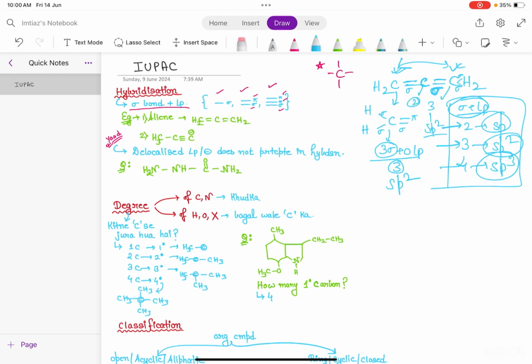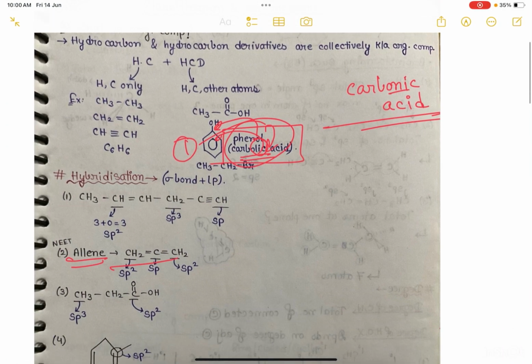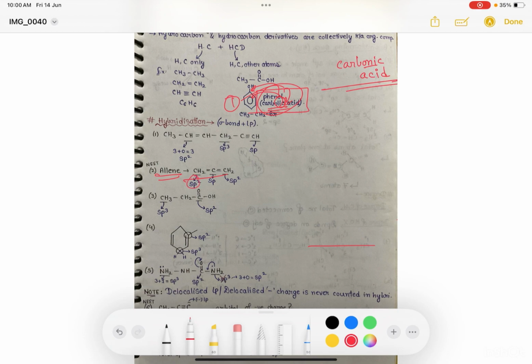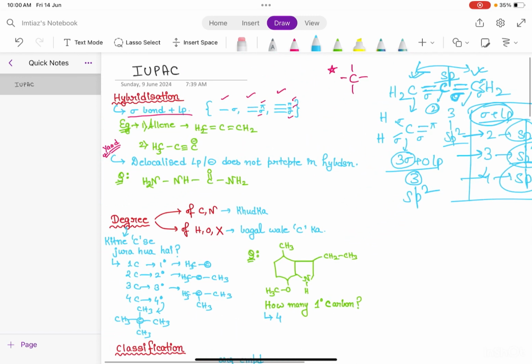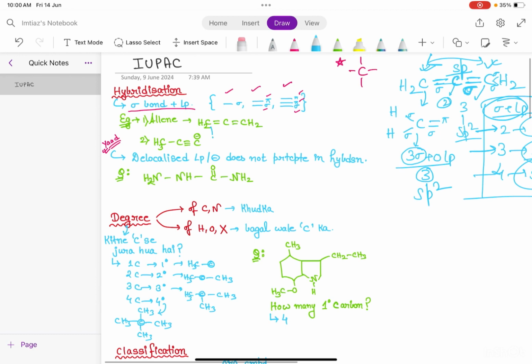Again 4 bond is already there, so no lone pair, and it is 2, that means sp. Okay, just check it over here. It is sp2, sp, sp2. Okay, let me write the answer also over here. So this one is sp2, sp2 and sp.